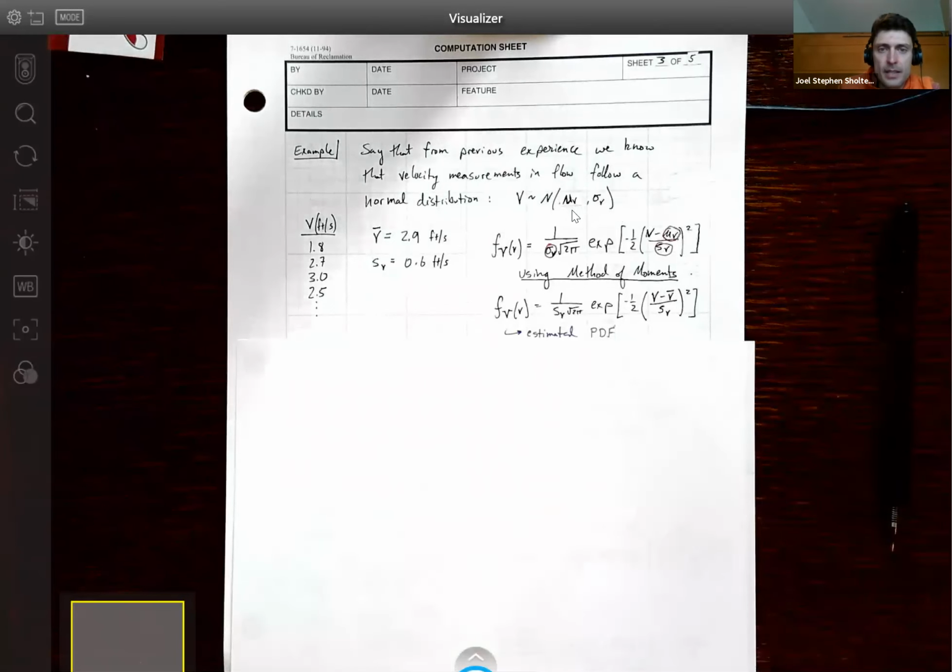Okay, so we can estimate this mean and standard deviation by simply taking the mean of our velocity. So we say it's 2.9 feet per second. The standard deviation estimated by S is 0.6 feet per second.